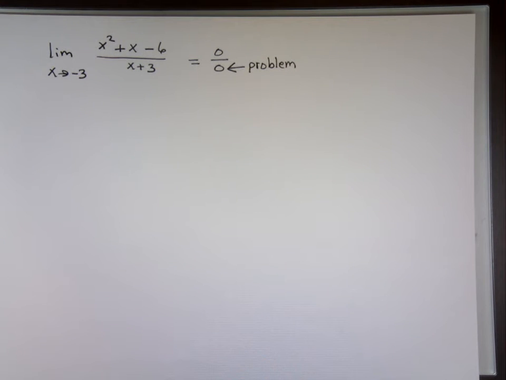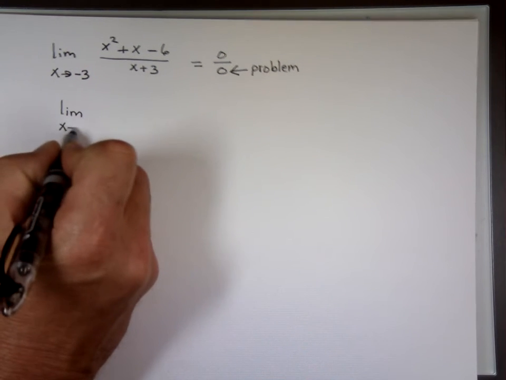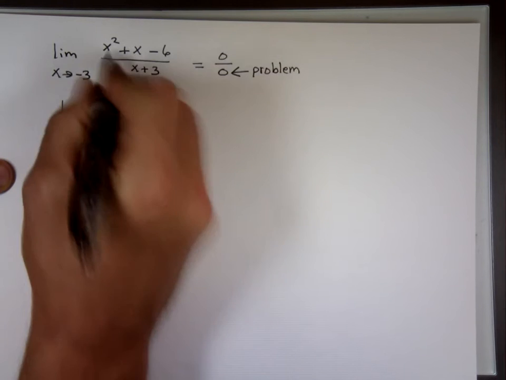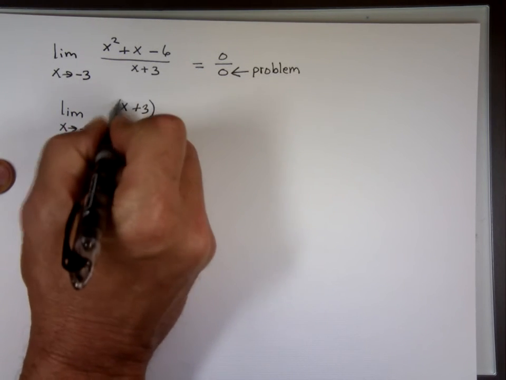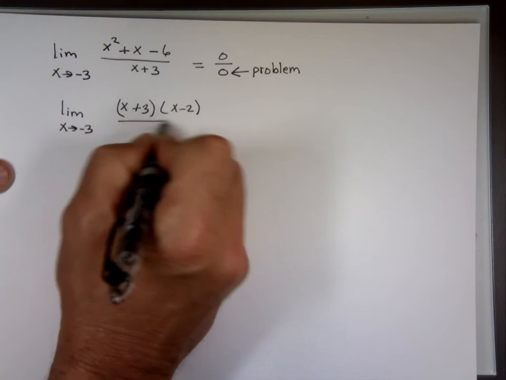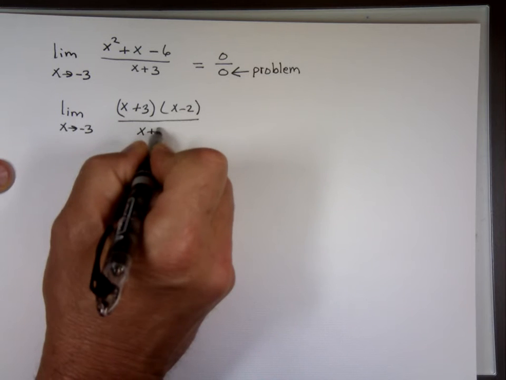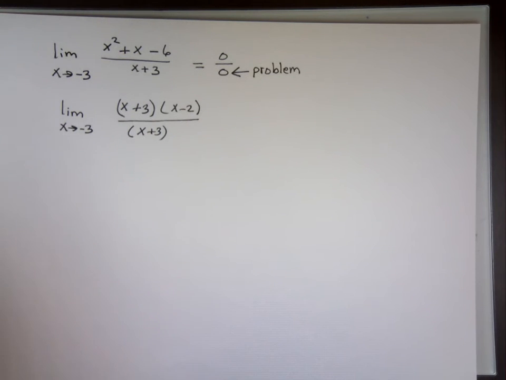Can I simplify that? Yeah. I can factor the top, right? That would be x plus 3 times x minus 2. And when you factor that, these two will cancel each other out.